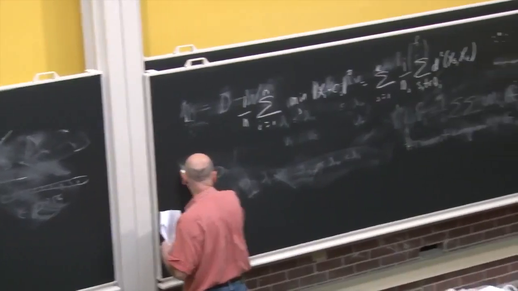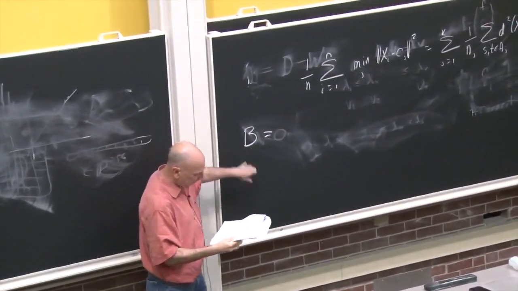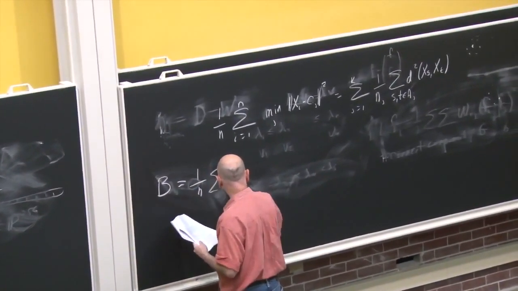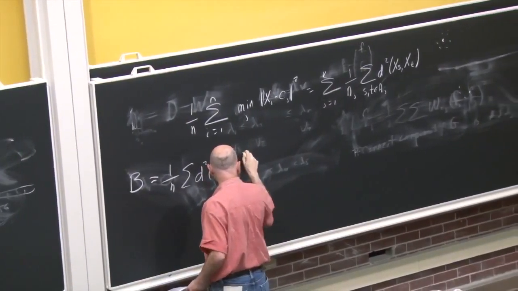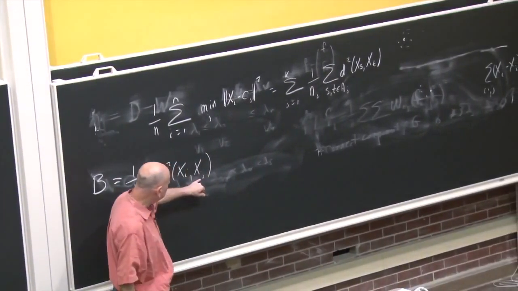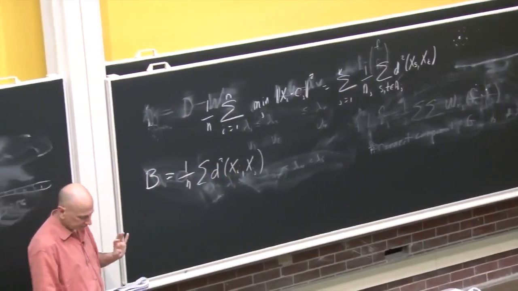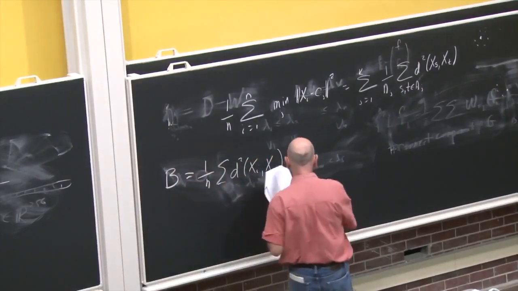Okay, so let me repeat what I just said. Now, I'm going to define the between sample variance as just the total variance, the distance between each x_i and each x_j squared averaged over all the data, minus this thing.